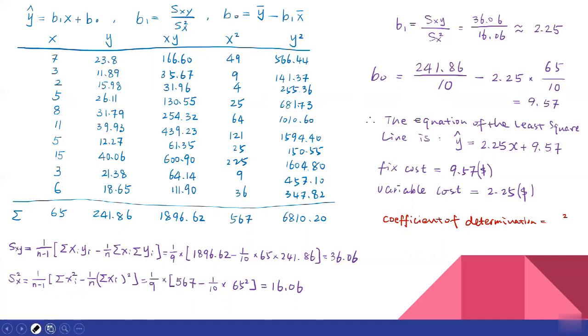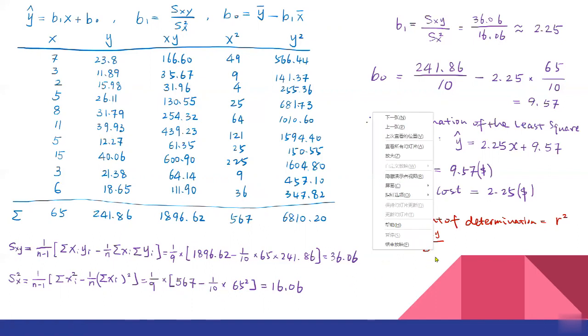Here, because it's sample data, we use lowercase r. And r is the coefficient of correlation, which is defined as SXY over SX and SY.